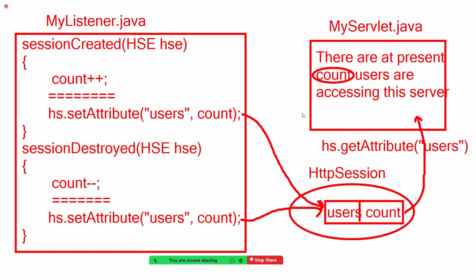But by default, when is the session vanished? After 30 minutes, automatically logged out, no? Then count minus minus is executed. Otherwise, I'll set a time interval of 1 or 2 minutes. After 2 minutes it automatically vanishes, no? Then count minus minus is called. Then you'll get the exact latest count. Okay. See.